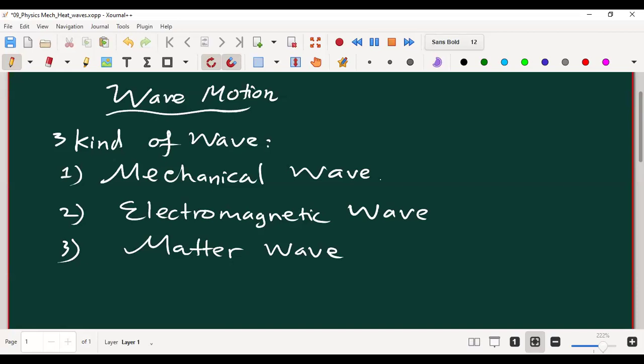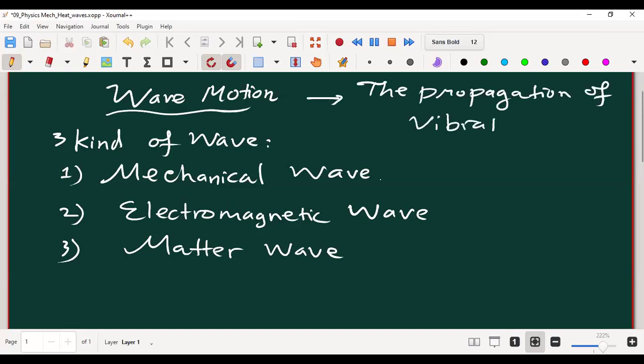So mechanical wave is wave that needs a medium for propagation. It means that wave motion is the propagation of vibration. We usually see waves in our life.